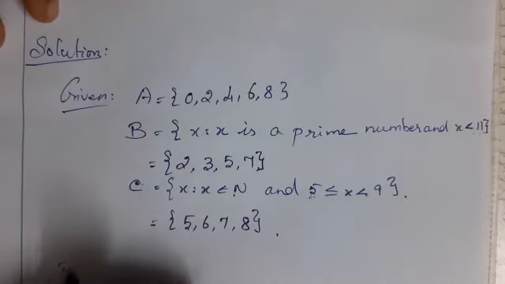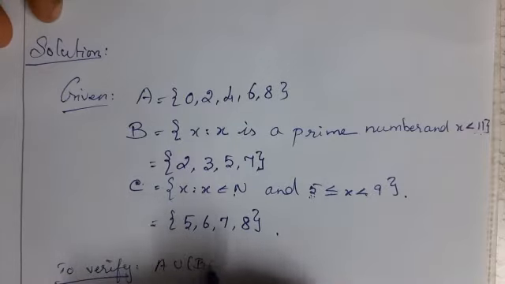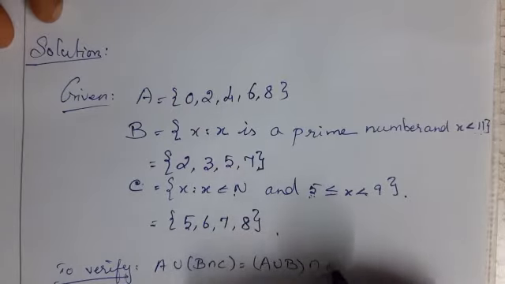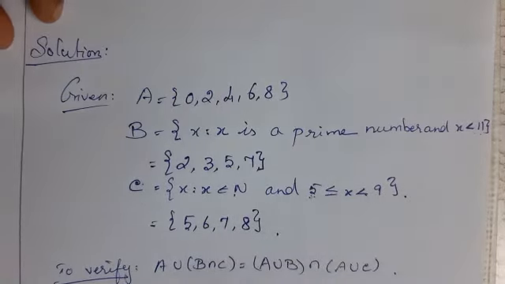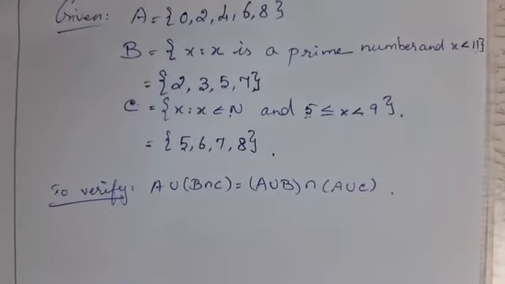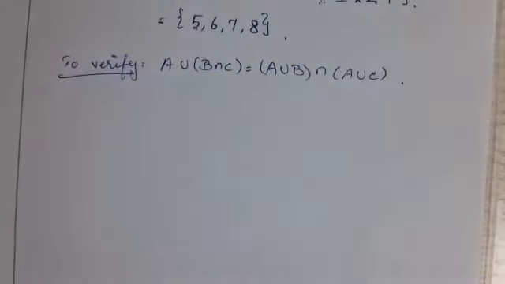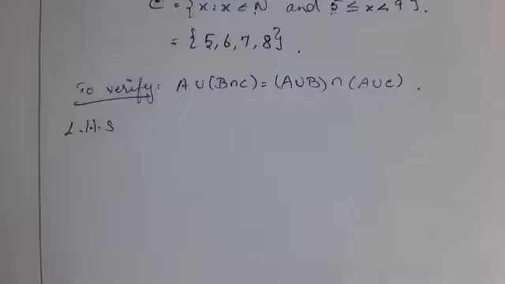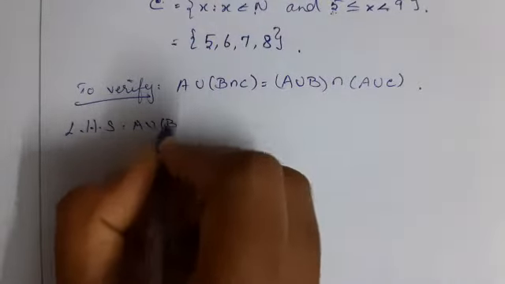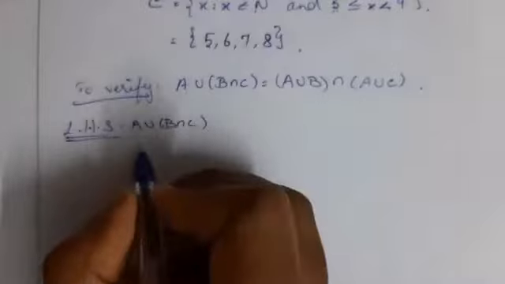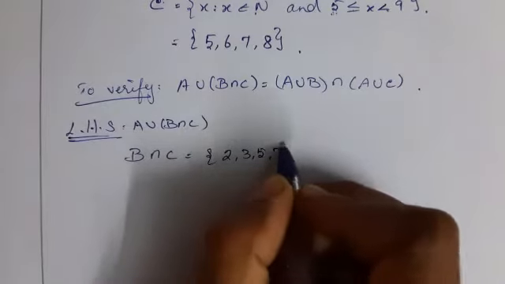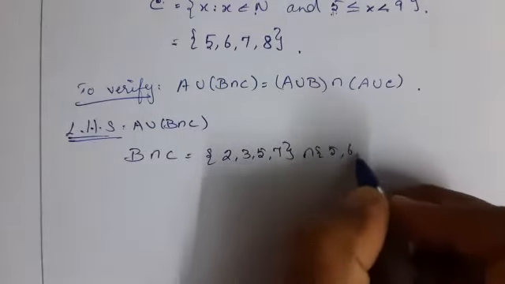Now, to verify A union B intersection C is equal to A union B intersection A union C. First take the left hand side, A union B intersection C. First find B intersection C: 2, 3, 5, 7 intersection 5, 6, 7, 8.